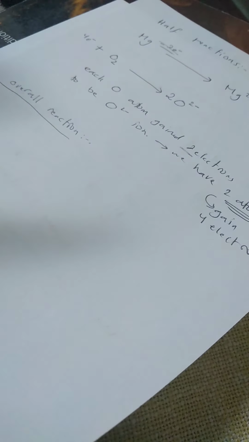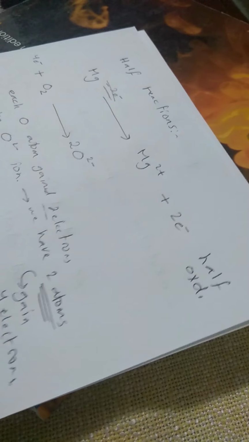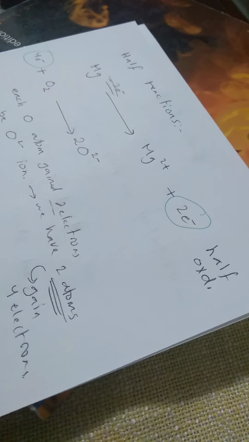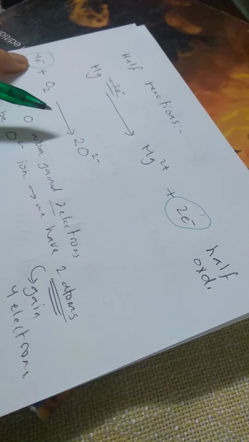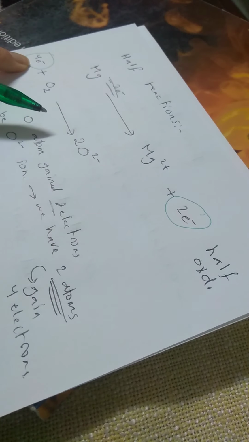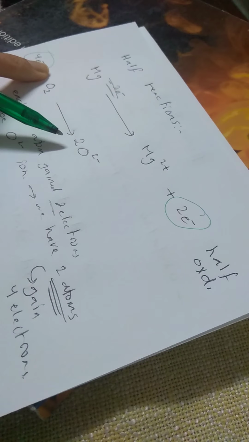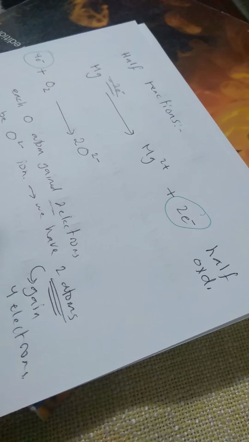Now let's write the overall reaction. First, let's see the number of electrons in each half equation. Here we have 2 electrons, here we have 4 electrons, and this is not acceptable. The number of electrons should be the same in each half reaction.